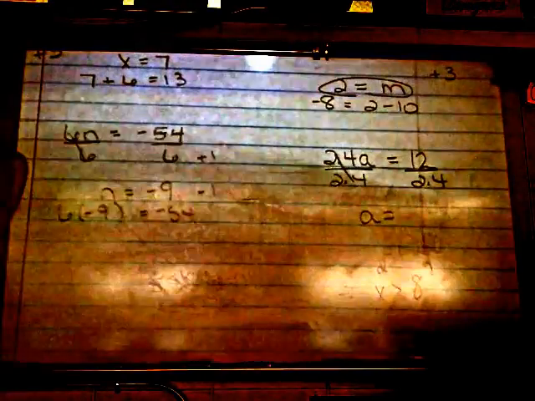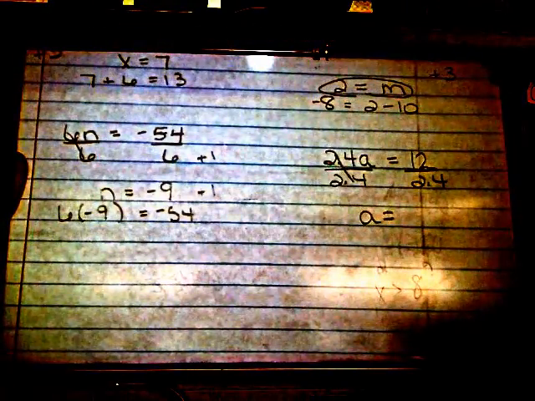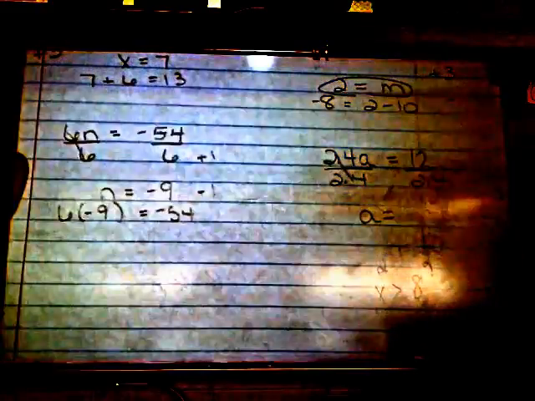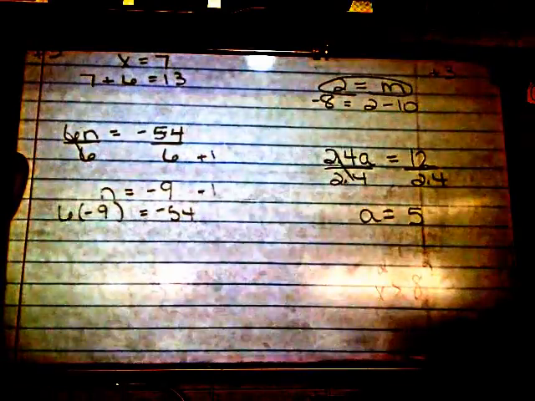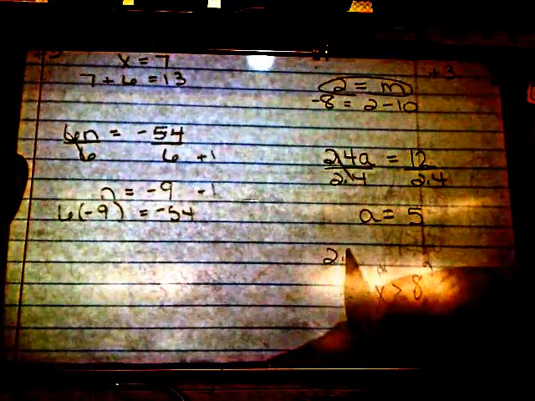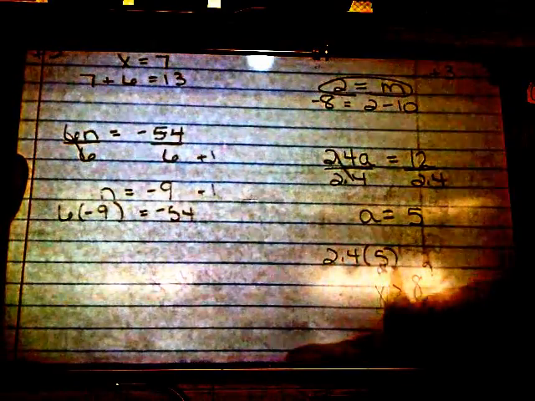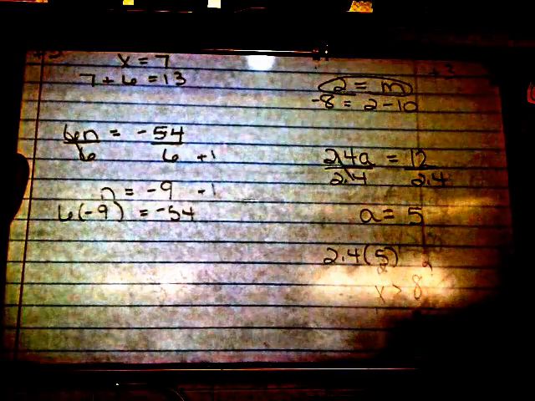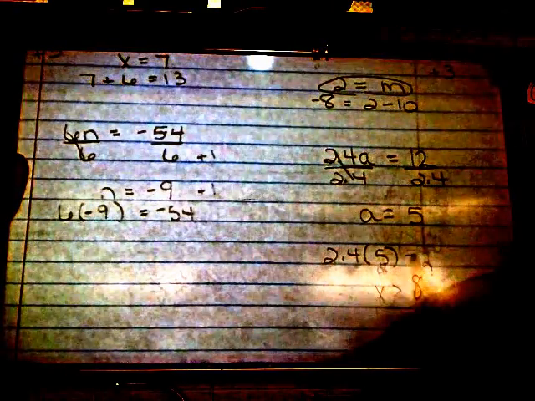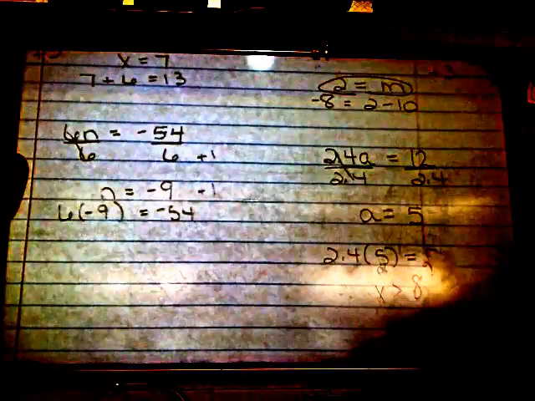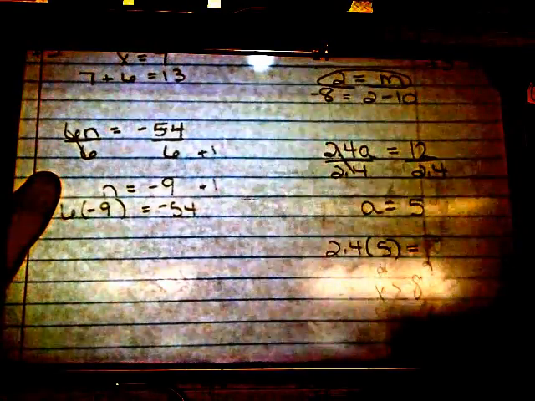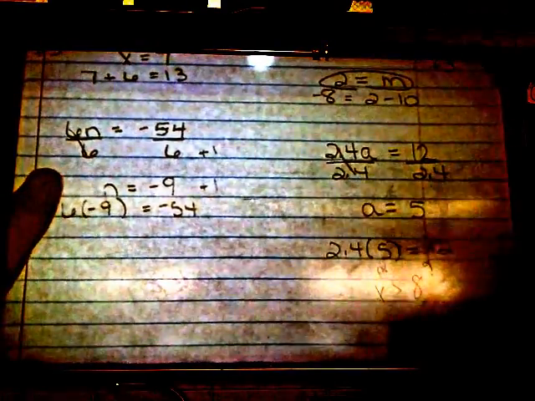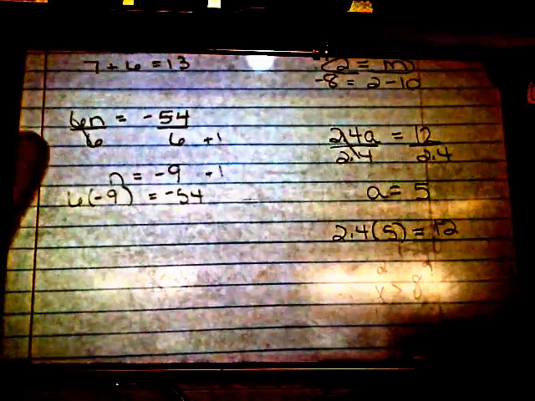A should be equal to 12 divided by 2.4, and I'm going to get 5. Now I can check it. 2.4 times 5. I can work that out, or you can use your calculator, that's fine. And that should equal 12.